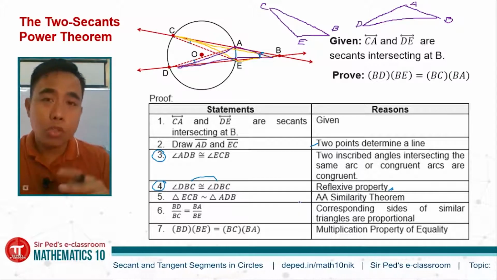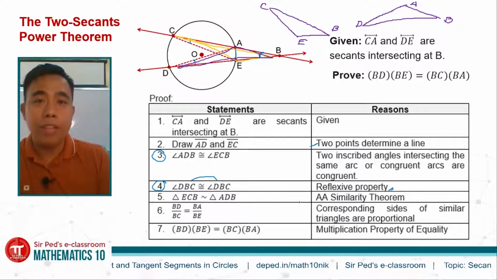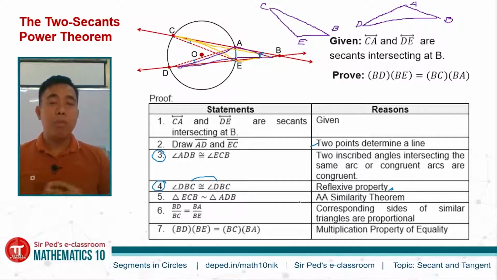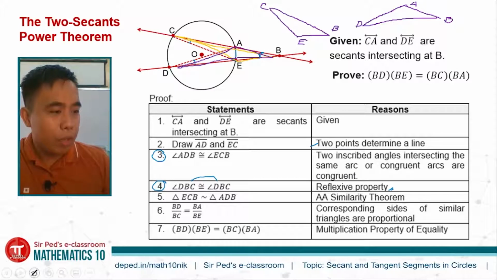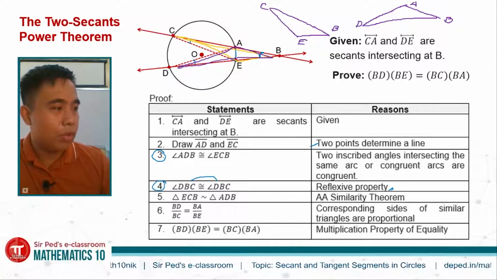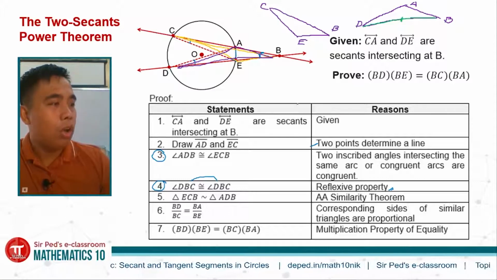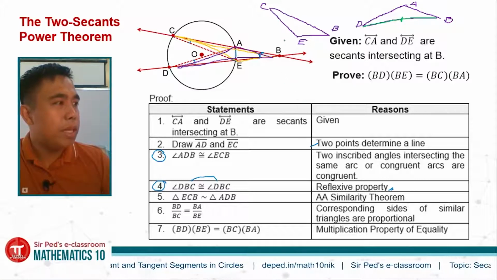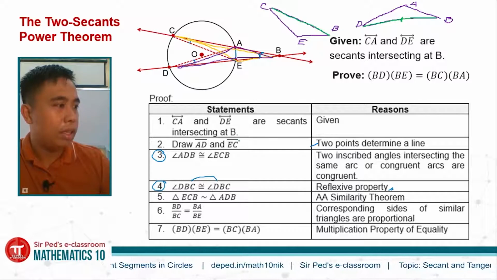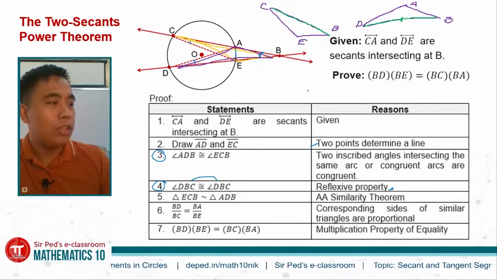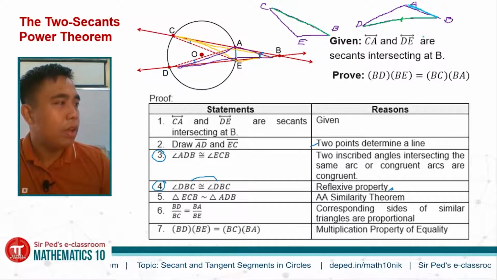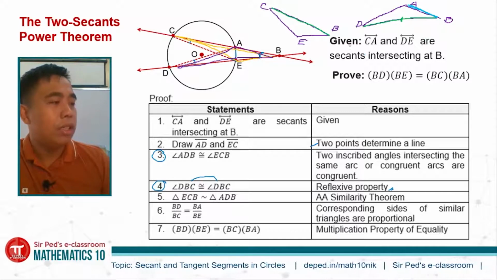If two triangles are similar, then their corresponding sides are proportional. So DB over BC is equal to BA over BE.